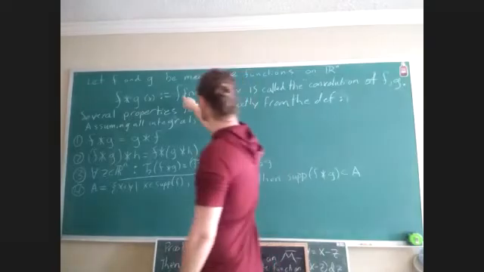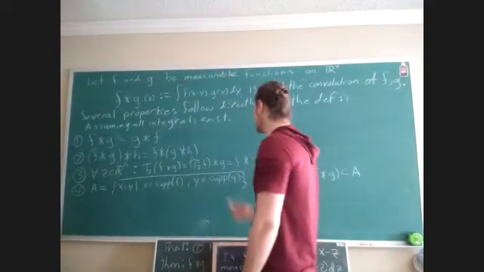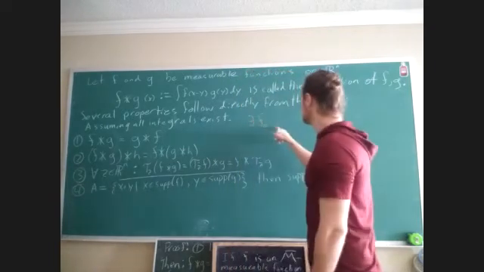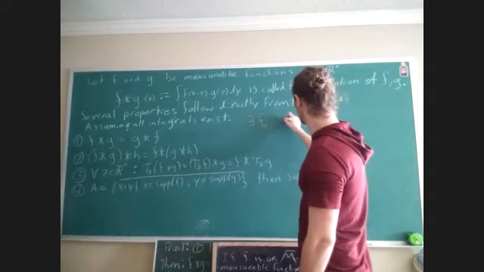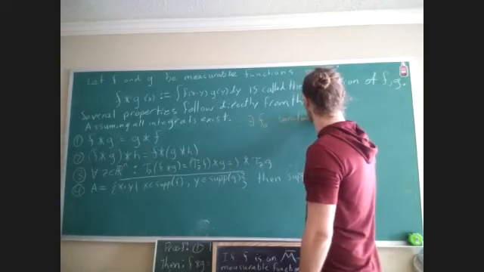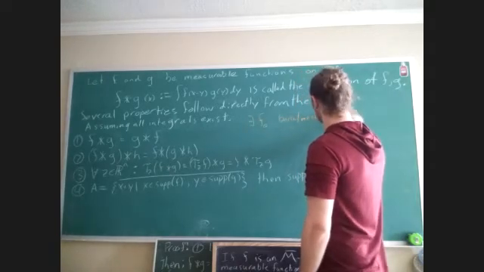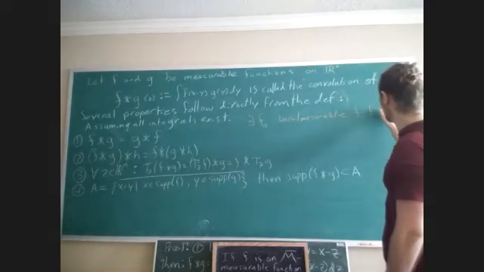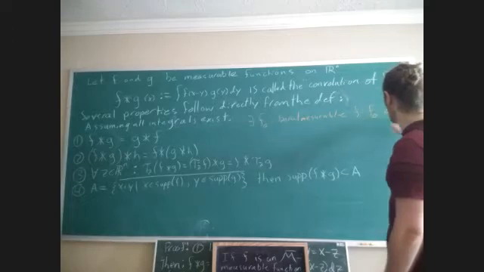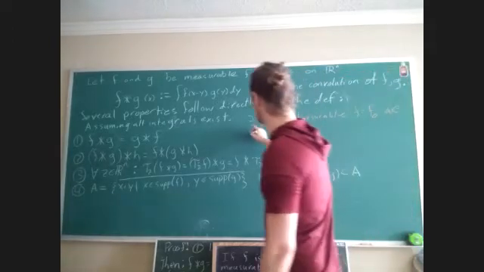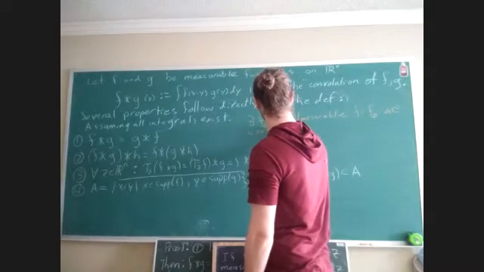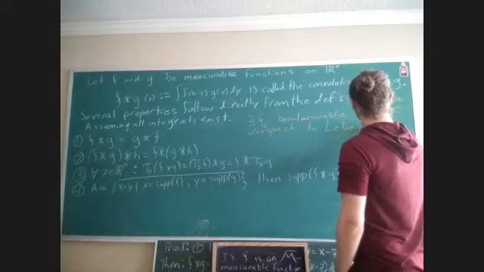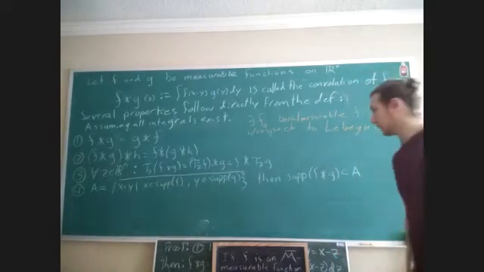So we can say that there exists some f naught that is Borel measurable, such that f equals f naught almost everywhere with respect to the Lebesgue measure.